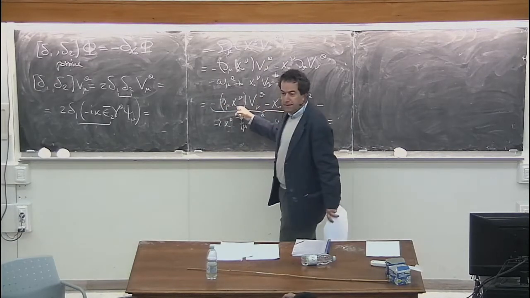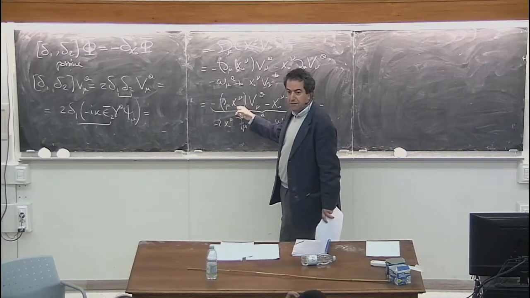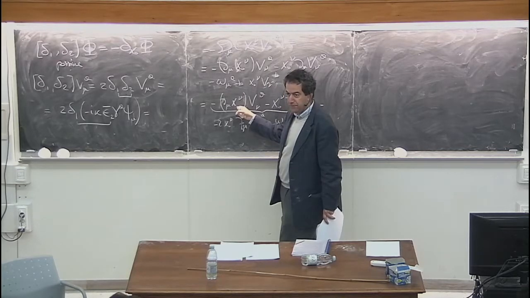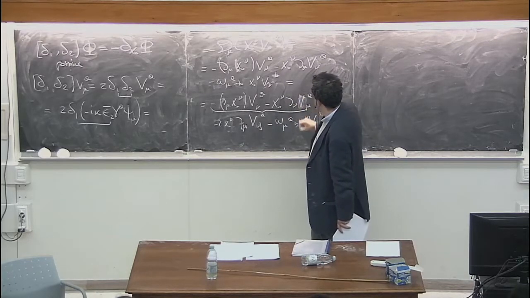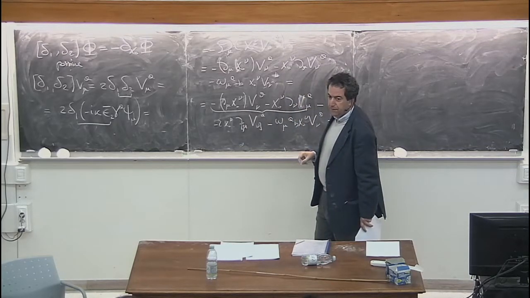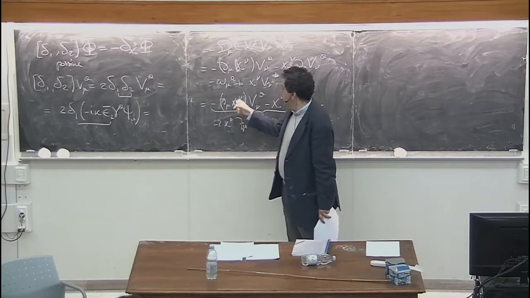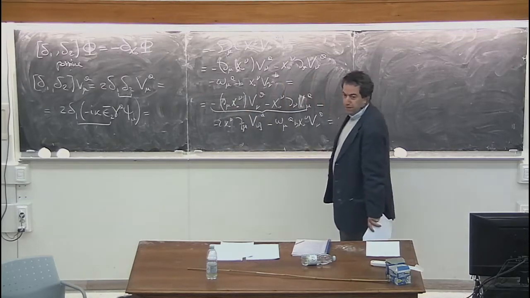This is minus the infinitesimal diffeomorphism variation of V, the Vielbein, with x naught parameter, x naught mu parameter.